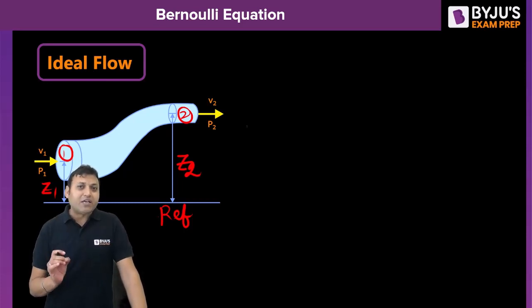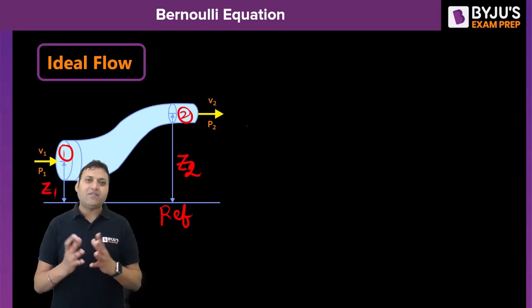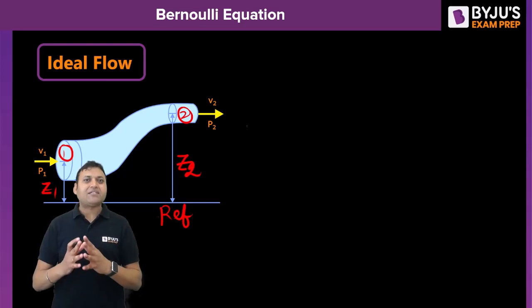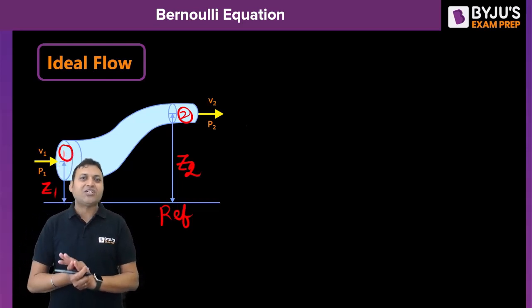V1 is the velocity of the flow at the inlet 1, and P1 is the static pressure of the fluid at 1. Similarly, P2 is the static pressure at point 2 outlet, and V2 is the velocity of the flowing fluid at section 2.